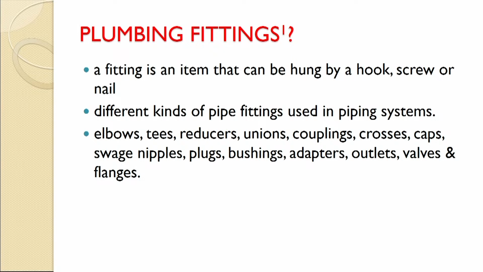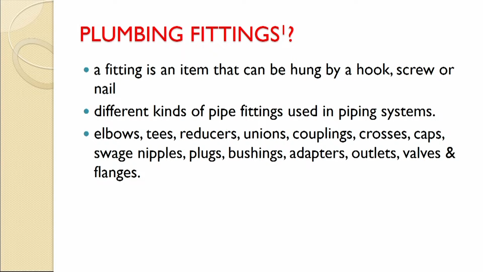It includes elbows. We have studied that an elbow is used to turn the direction of the flow of water at a right angle. There are also elbows available in the market which turn the flow of water at a different angle. Then tees. Tees are basically a fitting which connects at a right angle.